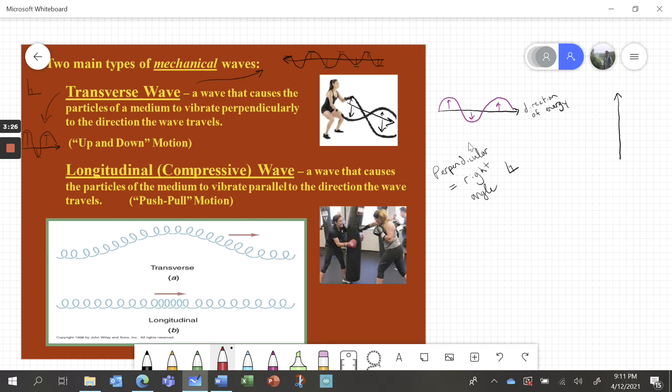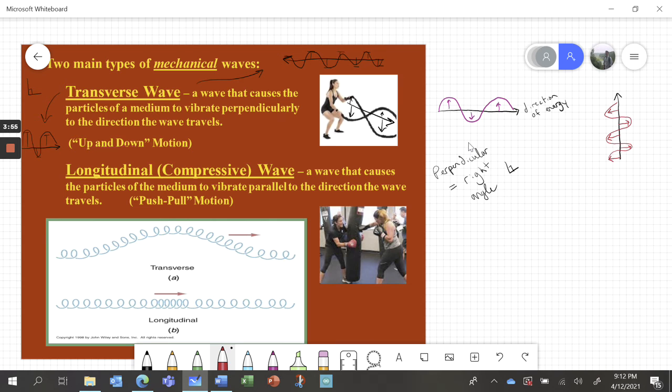We need to show that the wave is traveling perpendicular. So it's going to end up looking like this. Okay. So a transverse wave is up and down.